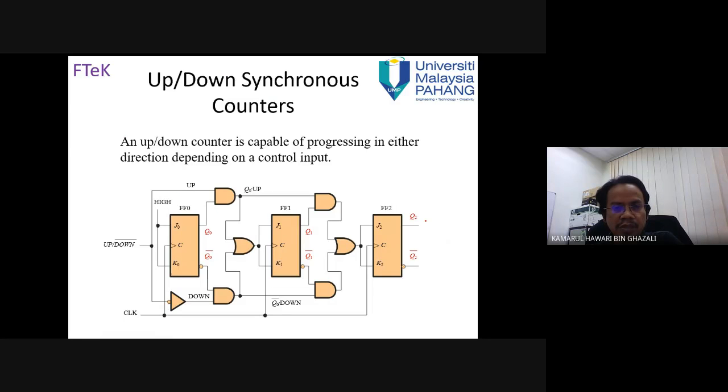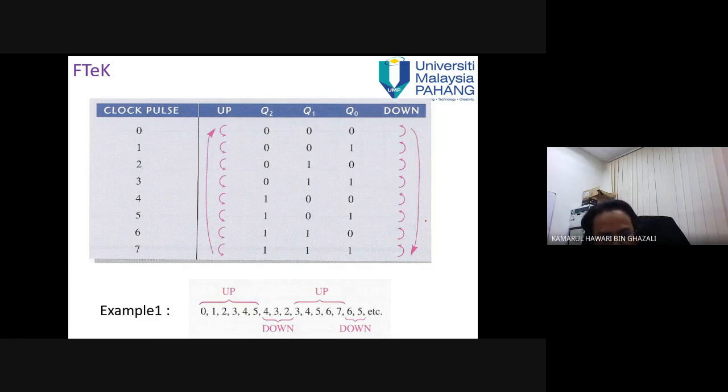Up-down synchronous counters. An up-down counter is capable of progressing in either direction depending on control input. So this is the up-down control synchronous counter. Okay, example up, down, up, down, up, down.